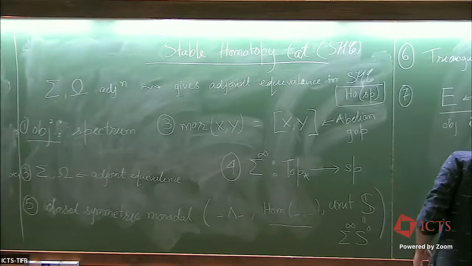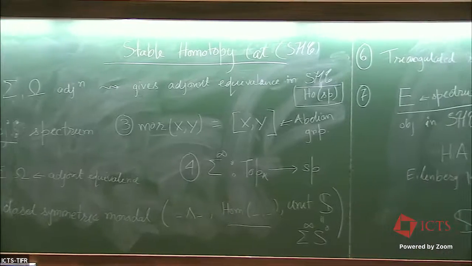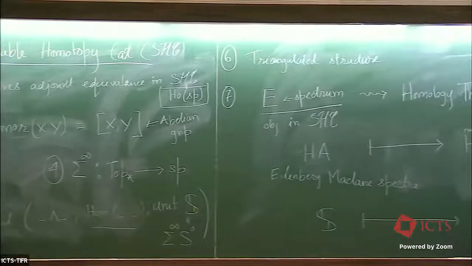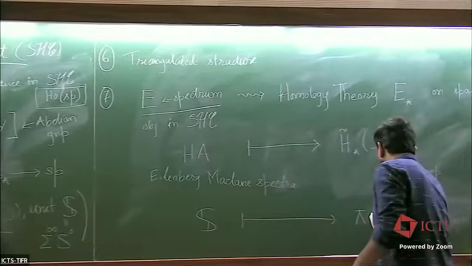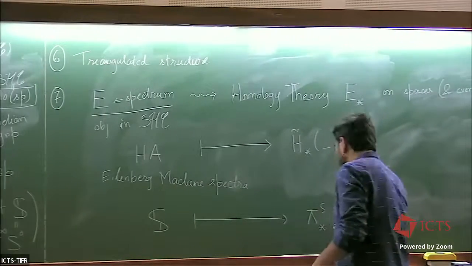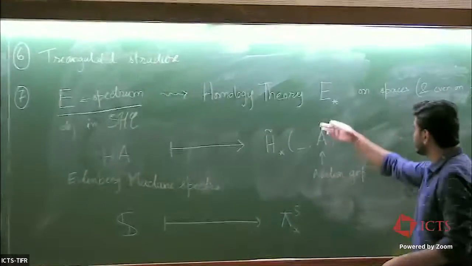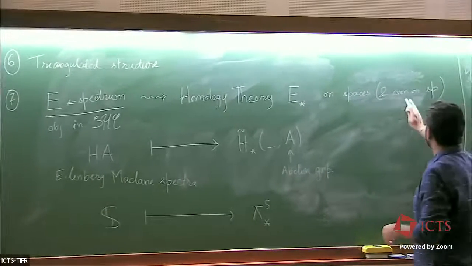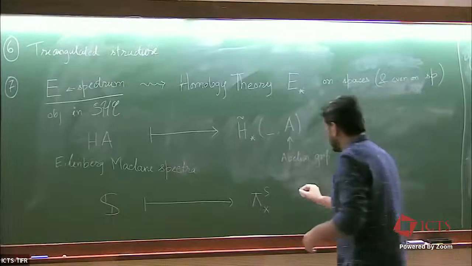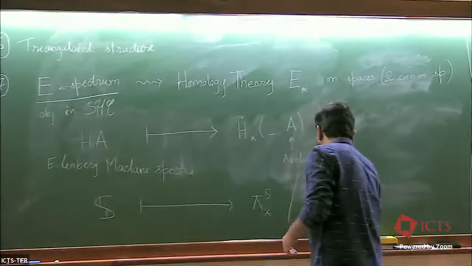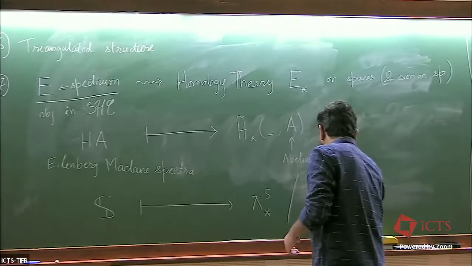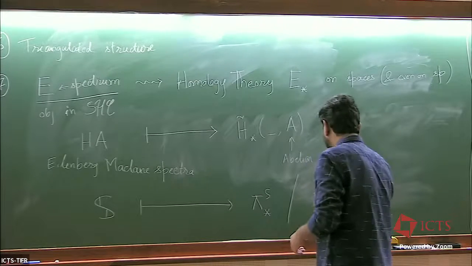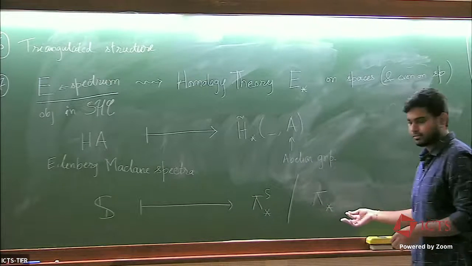If we look at the sphere spectrum, that induces on topological spaces the homology theory which is stable homotopy groups. But they actually give homology theories on spectra also. On the spectra level, this homology theory is nothing but the homotopy groups of the corresponding spectrum.